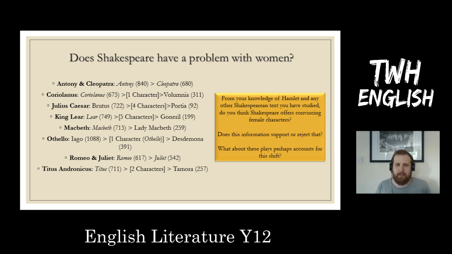Any and all ideas, any common recurring themes in these plays? Any ideas as to why these female characters might have fewer lines? Any ideas as to the overarching theme of what these female characters are doing in these plays?